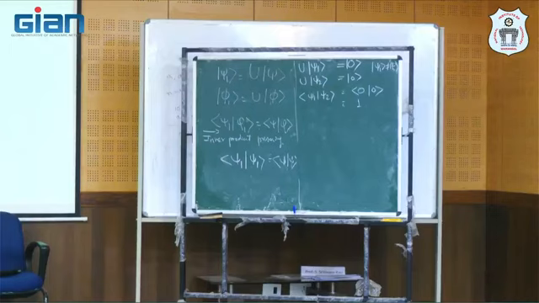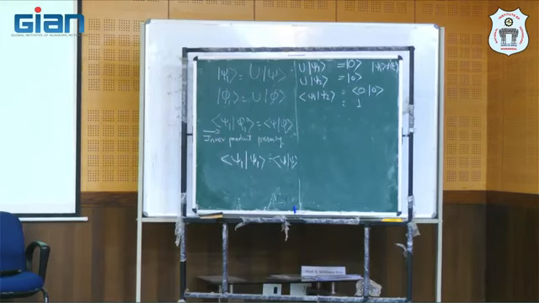Every unitary has the property that it is inner product preserving, and hence L2 norm preserving. Remember, we had argued before that stochastic matrices are L1 norm preserving.